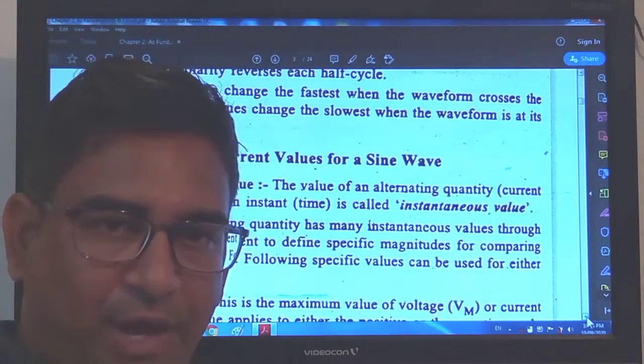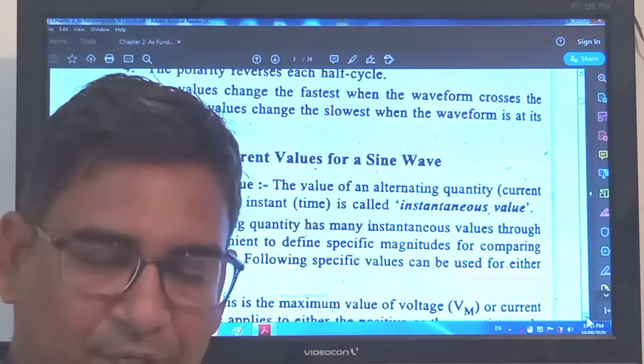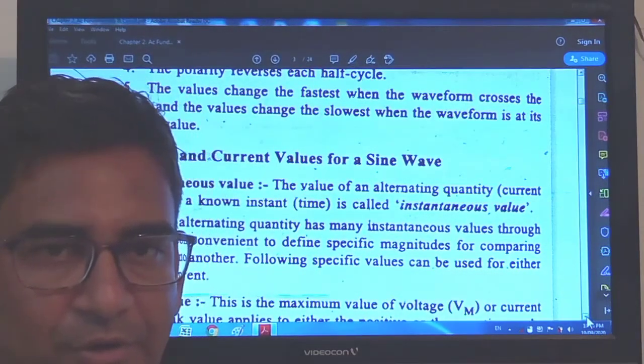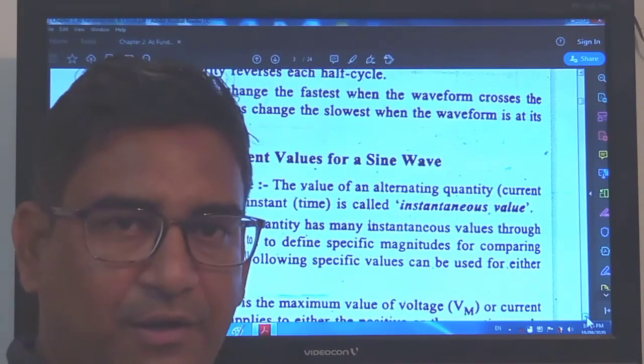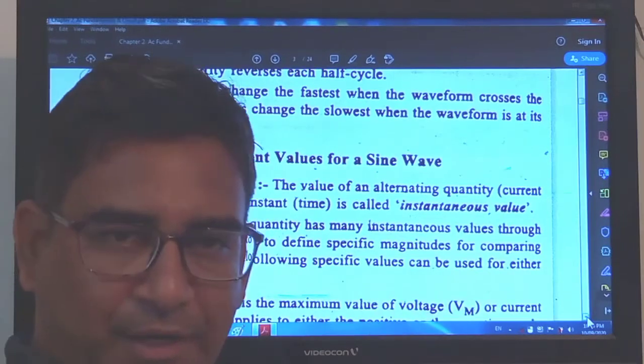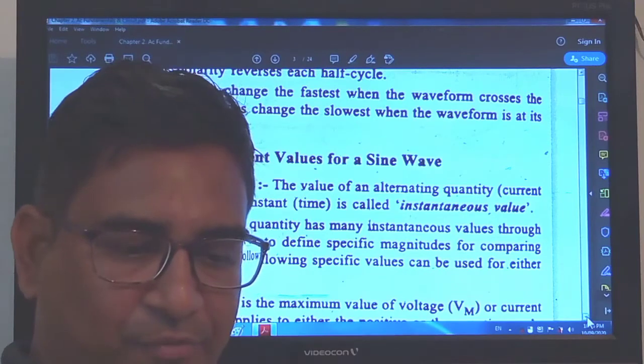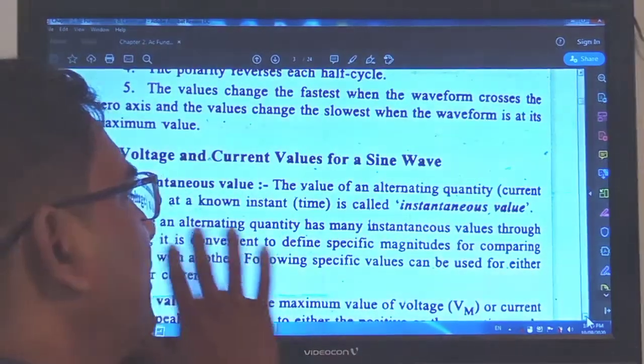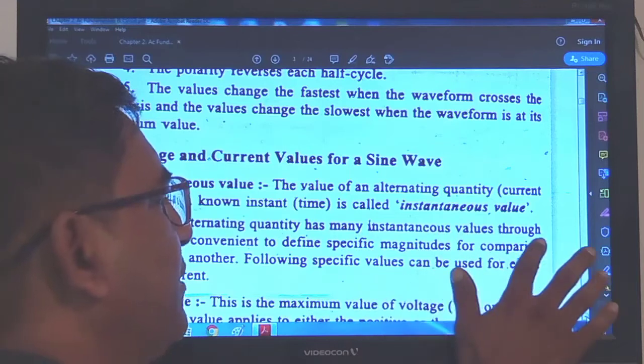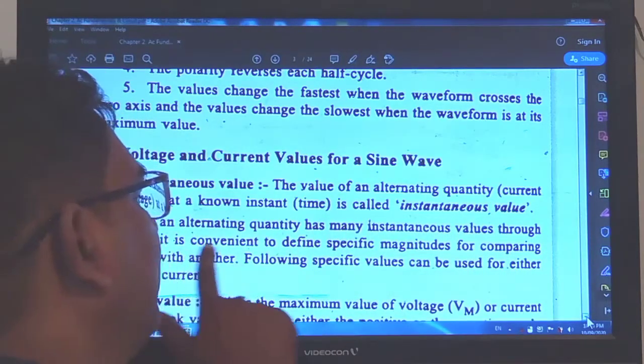Okay students, that instantaneous quantity is either the current or the voltage at that instant.